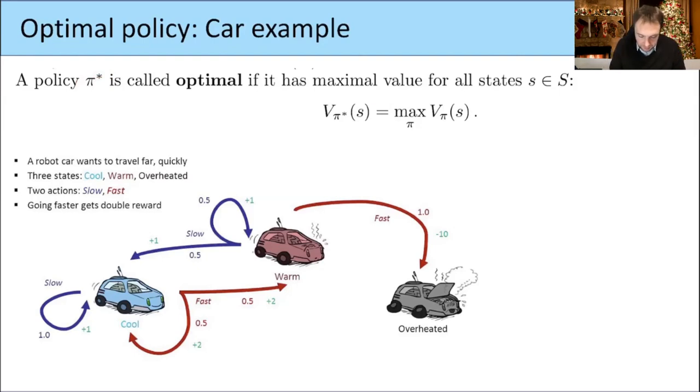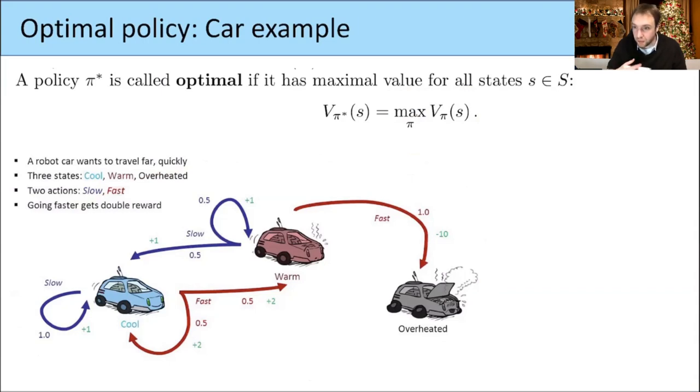So this has the property that the value of this optimal policy at any state, the expected total reward I can expect by starting in state S, is given by the maximum of all possible values over all possible policies.